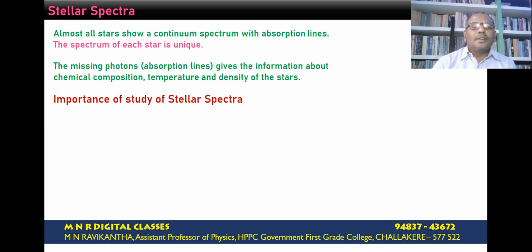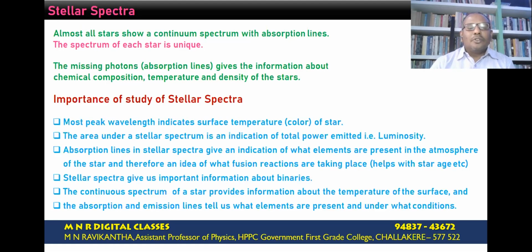The importance of studying the stellar spectra is: the peak wavelength indicates the surface temperature of the star, that is the color of the star. Already we discussed this. The area under the stellar spectrum is an indication of the total power emitted, that is the luminosity of the star.